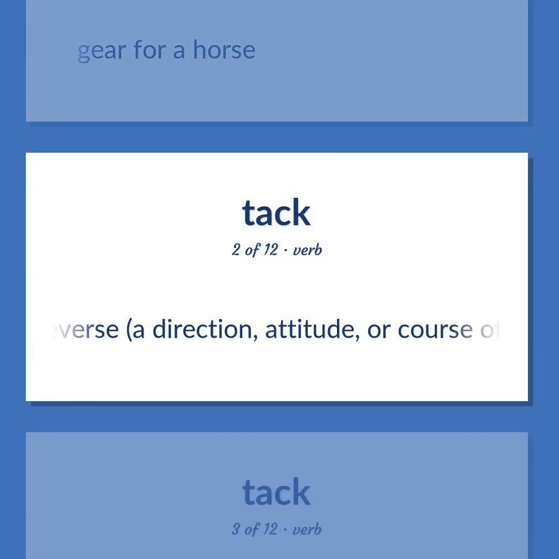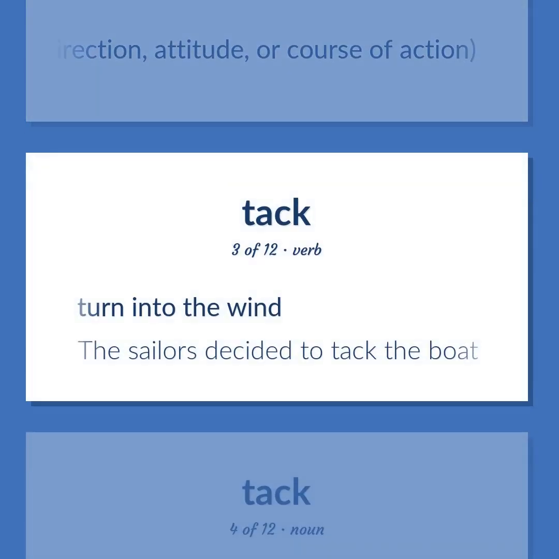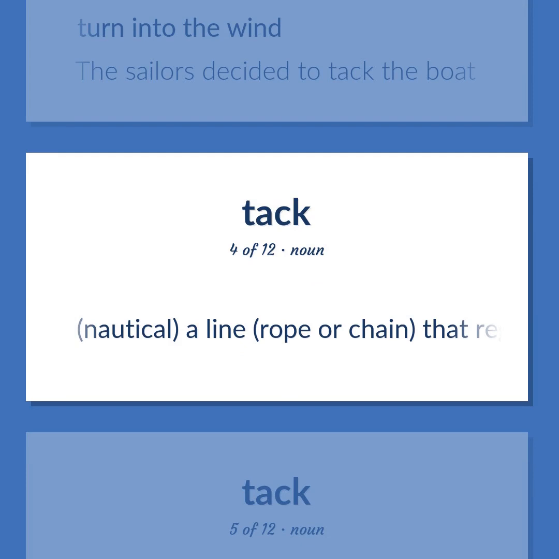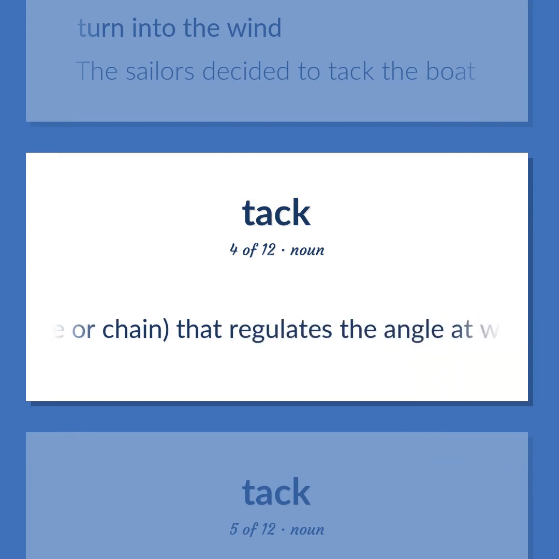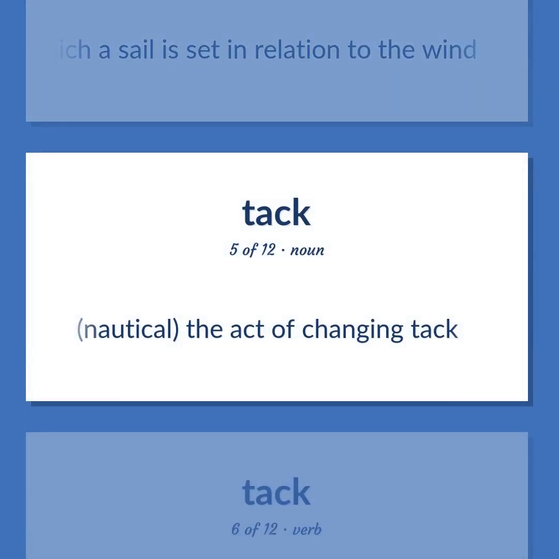Reverse, a direction, attitude, or course of action. Turn into the wind. The sailors decided to tack the boat. Nautical, a line, rope or chain, that regulates the angle at which a sail is set in relation to the wind. Nautical, the act of changing tack.